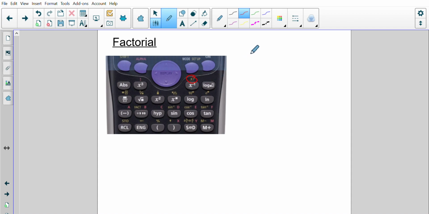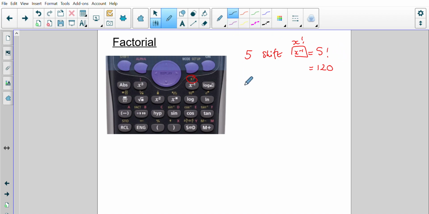You'll need to press the 5, then press shift, and then press that x to the minus 1 button to get your x factorial, and that will give you 5 factorial. If you try that on your calculator now, it should tell you it's 120.